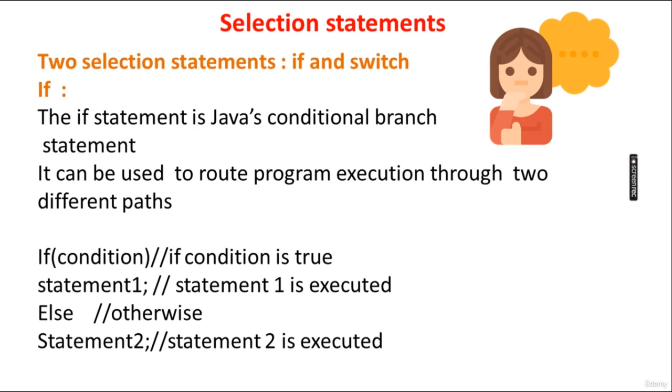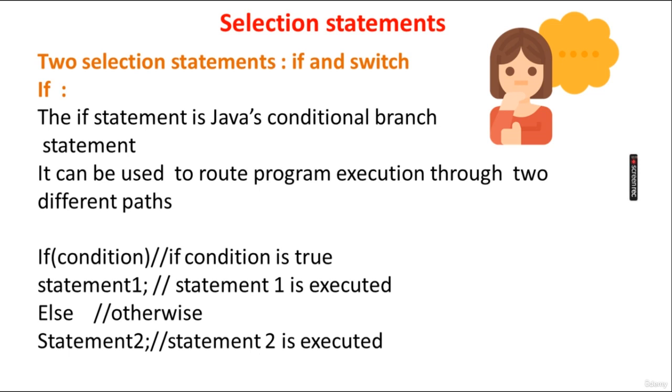First of all, we will see selection statements. There are two selection statements, if and switch. The if statement is Java's conditional branch statement. If that particular condition is true, this will be executed. It can be used to route the program execution through two different paths, like if condition, else condition.